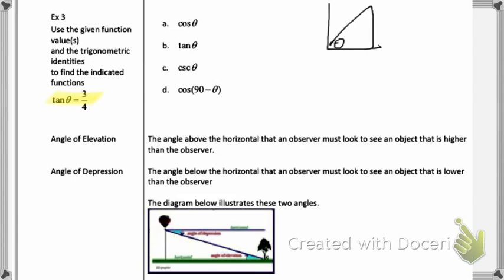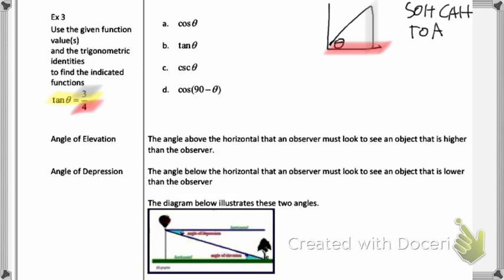I remember from SOHCAHTOA that tangent of theta equals opposite over adjacent. So this side will be the opposite since it's across from theta, and this side will be adjacent. So 4 is adjacent and 3 is the opposite.